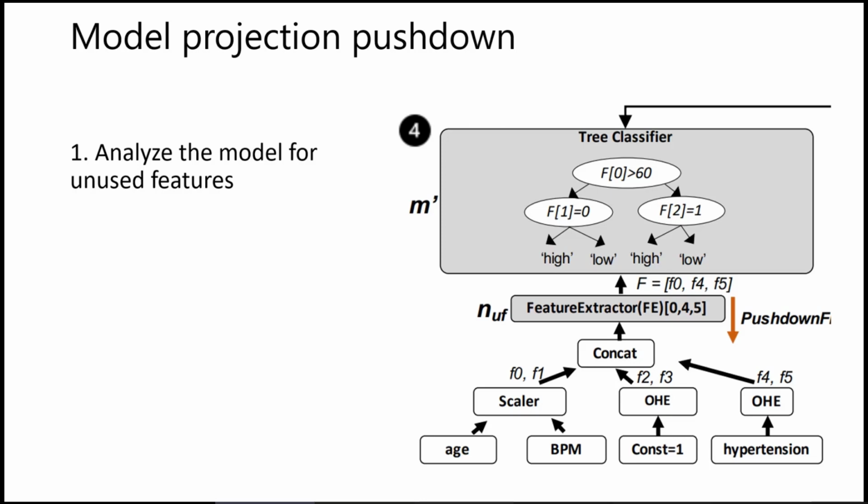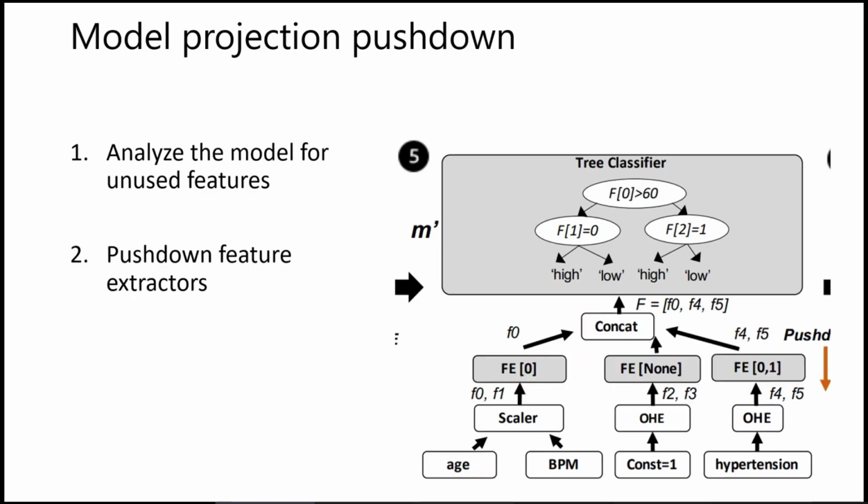Continuing from the previous example, our tree classifier has been pruned. And so now we can see that this model doesn't use all the features, right? We had features 0 to 5, but we're only using 0, 4, and 5. So 2 and 3 can be dropped because our model will not even look at them.